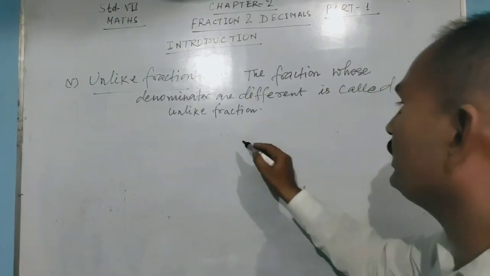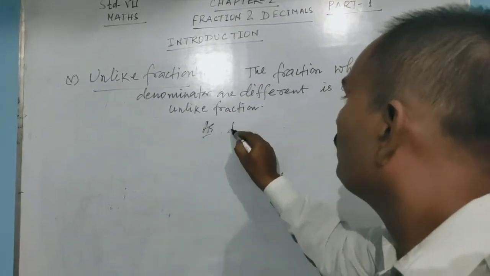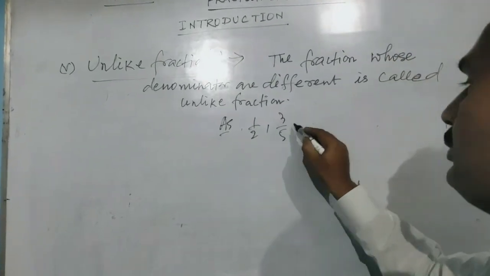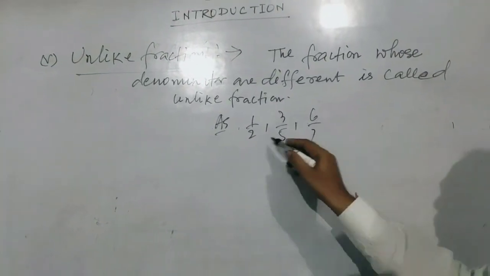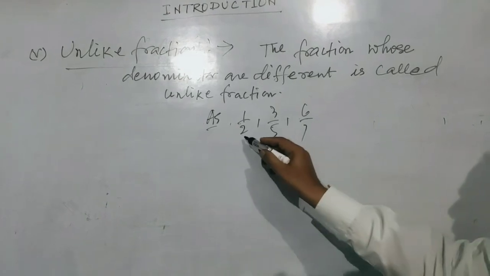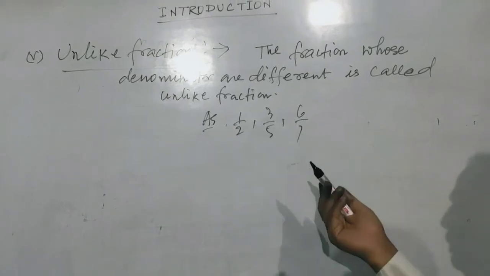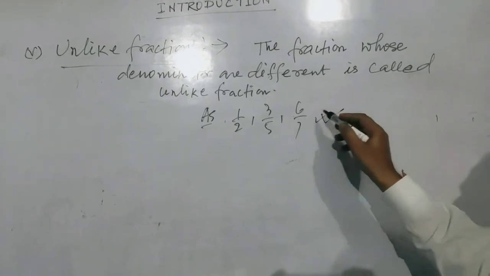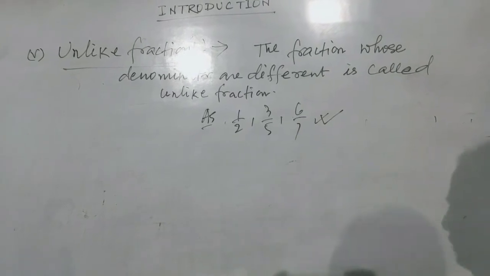Okay? Example: 1 by 2, 3 by 5, 6 by 7, all denominators are different. Here 2, 5, 7 are different. So these are unlike fractions.